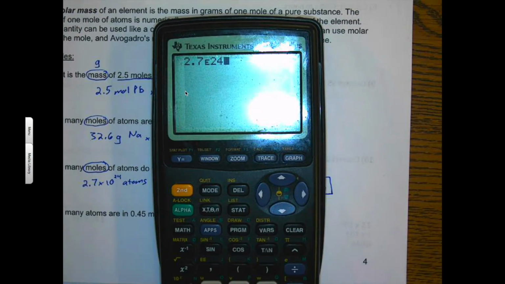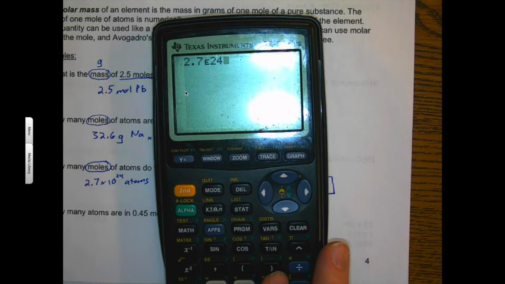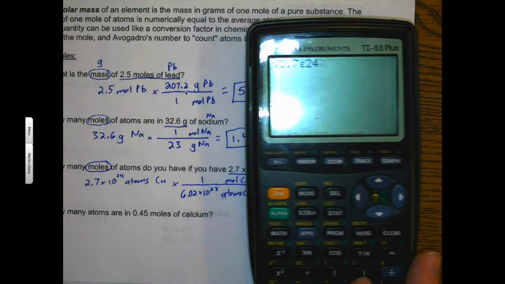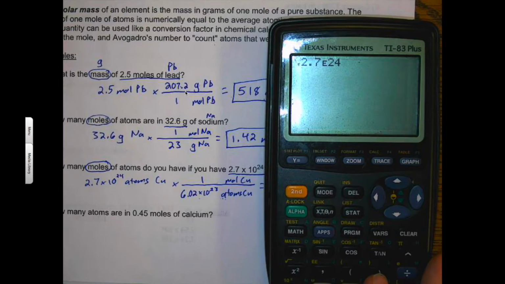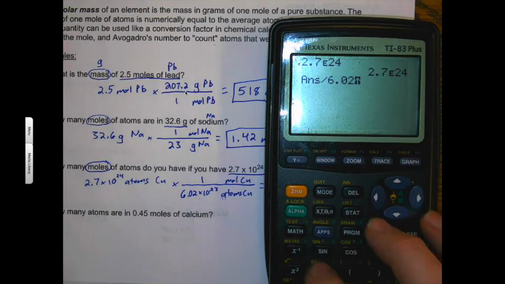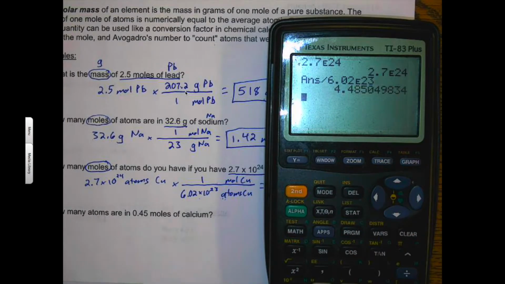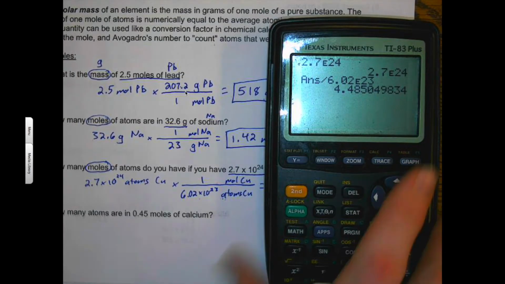Okay? So that's 2.7 times 10 to the 24th. And now I need to divide it by Avogadro's number. So I'm actually going to hit the enter key just to be safe. And then I'm going to hit the divide button. And then I'm going to say 6.02 and then EE23. Okay? And there we go, 4.5, right?